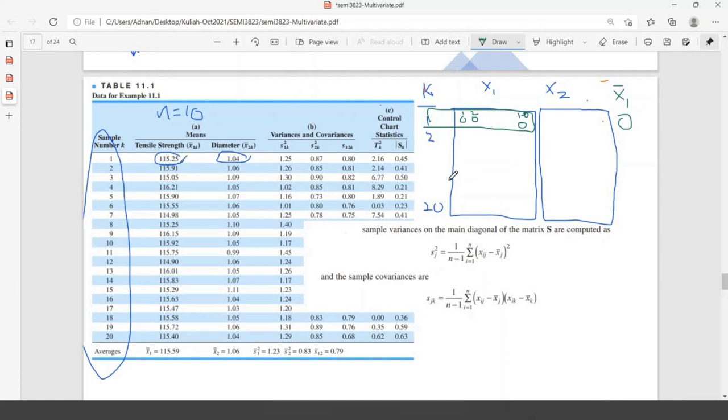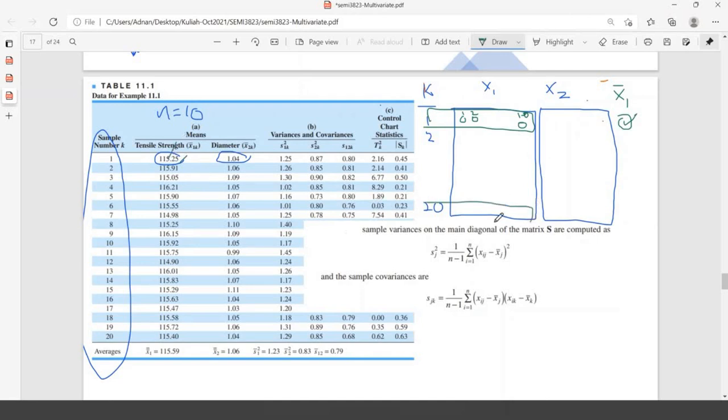He didn't show all the detail of the 10, but he already summarized it in terms of x bar: x bar 1, 2, x bar 1, 3, and so on, until the 20th.